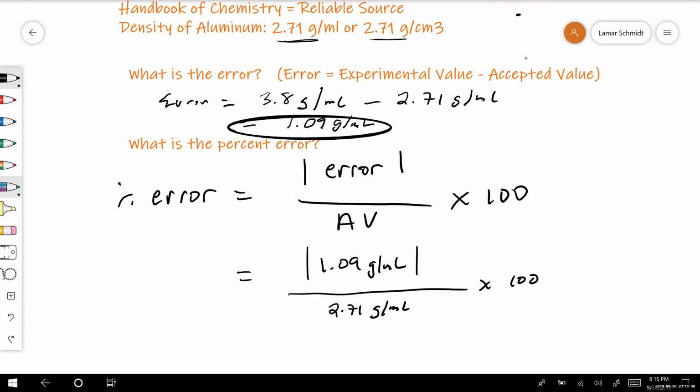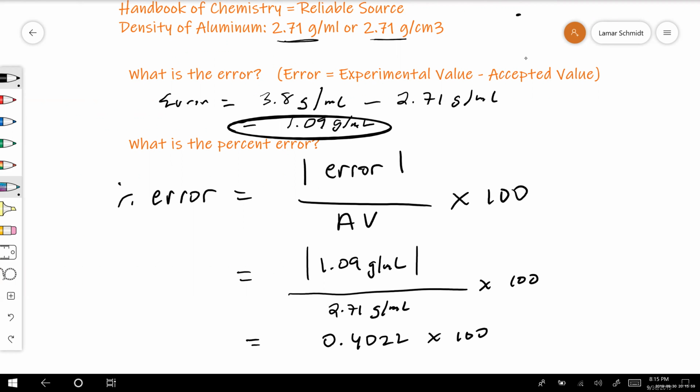So we should get 1.09 divided by 2.71, and that gives you 0.4022 times 100.